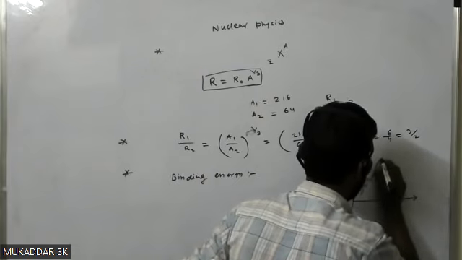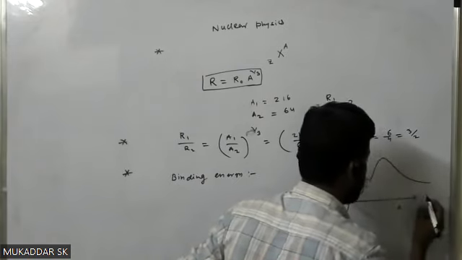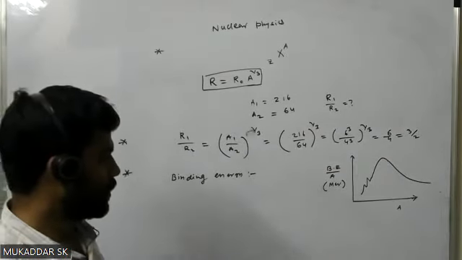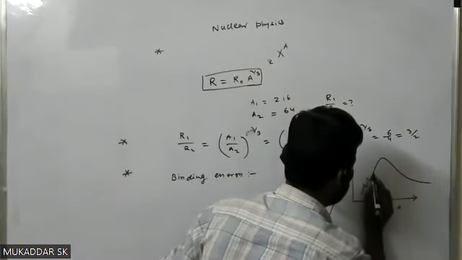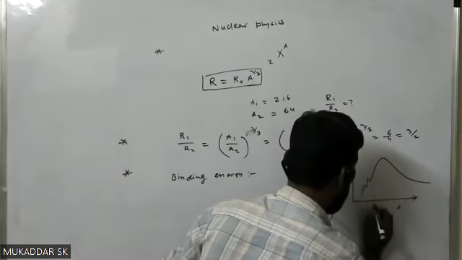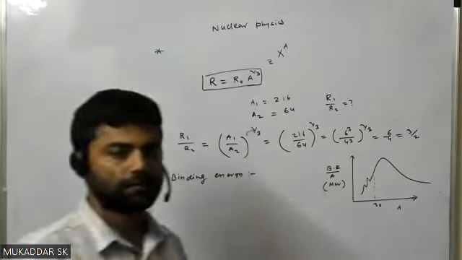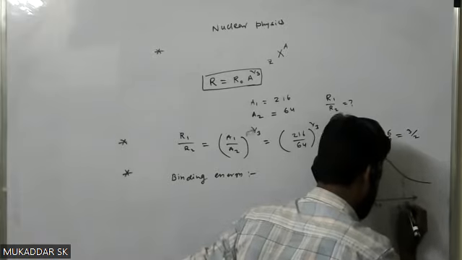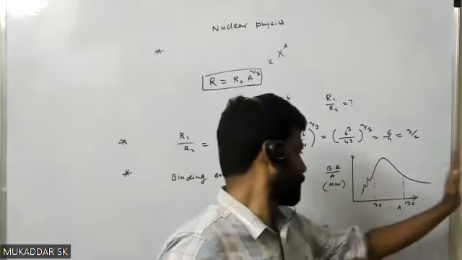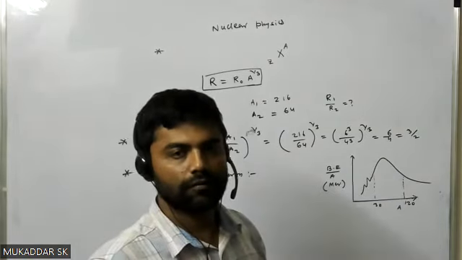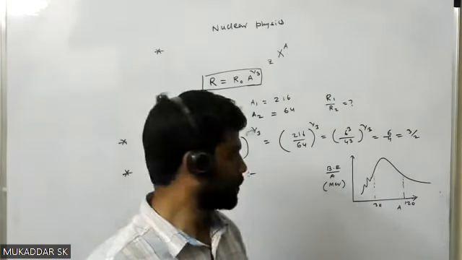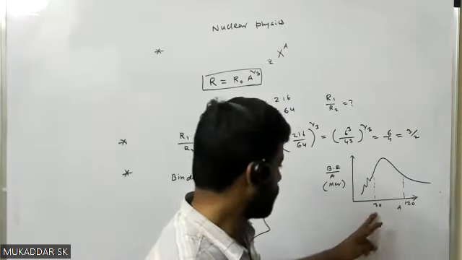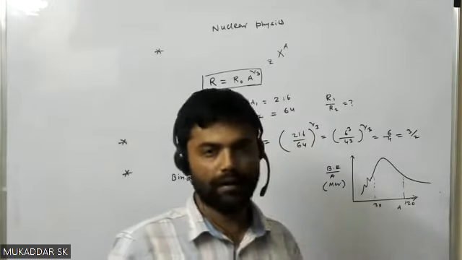Initially, for low mass number nuclei, the binding energy per nucleon is less, okay. Especially for mass number less than 30, binding energy per nucleon is less, and beyond mass number 120 as well. On both sides binding energy per nucleon is less, so they are relatively less stable. Nuclei with mass number between 30 and 120 are highly stable.